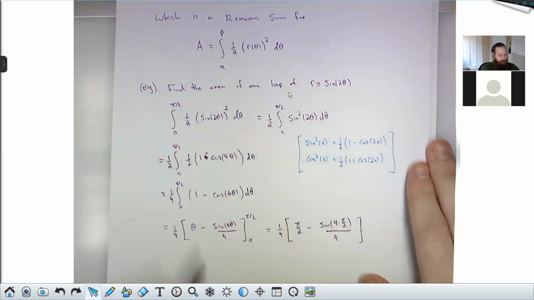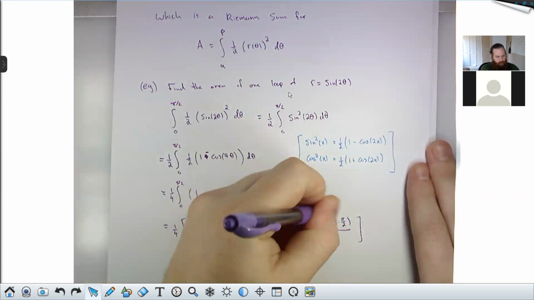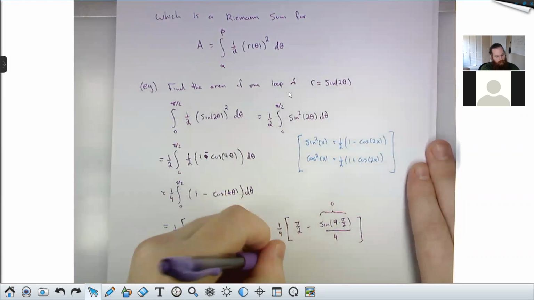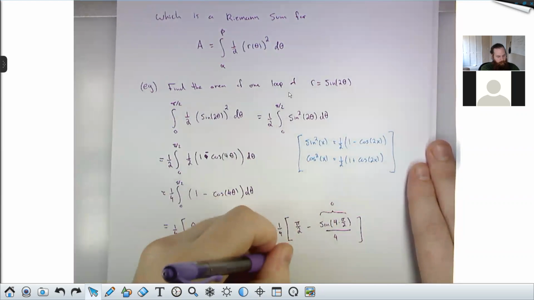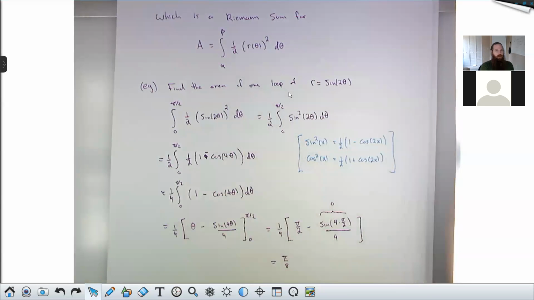Sine of 2 pi is 0. So this is 0. And I get 1/4 times pi over 2, which is pi over 8. So that's it. The area enclosed by one loop of that curve is pi over 8.